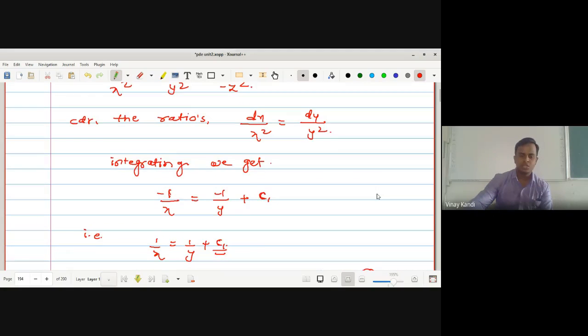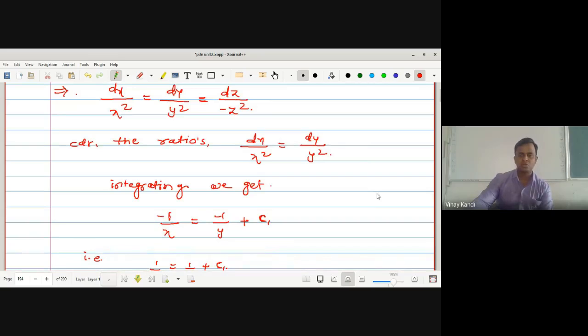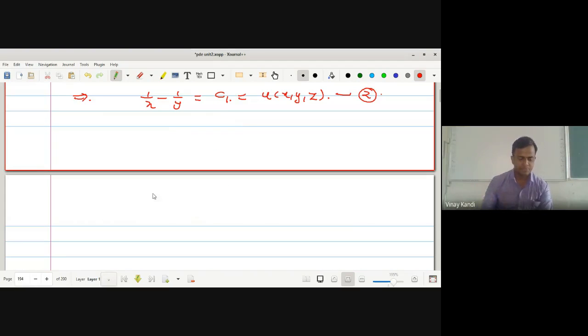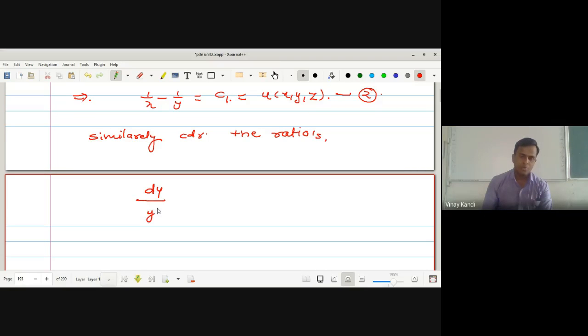Now consider the second and third ratio. Similarly, we have dy upon y square is equal to minus dz upon z square.